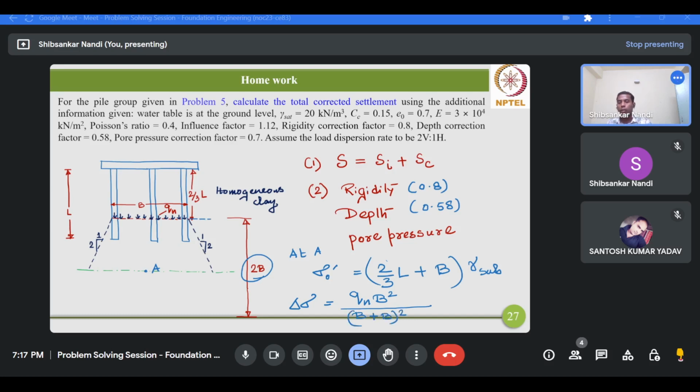Okay, so you are calculating the stress increase at a depth of B from the start of dispersion.